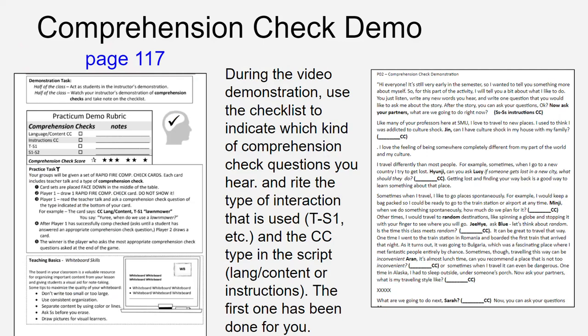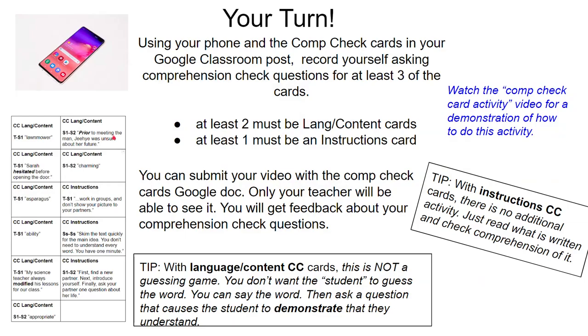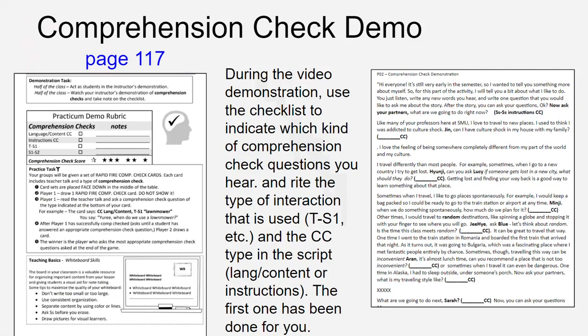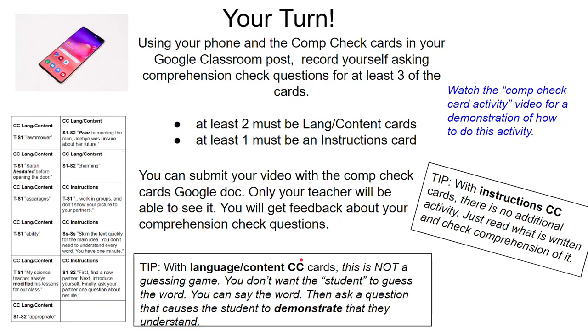Just a few tips here before I show you a quick demonstration. When you're using the language content comprehension check cards, it's not a guessing game. You don't want the student to guess the word. You can actually say the word, so it's not guessing, and then ask a question that causes the student to demonstrate that they understand.